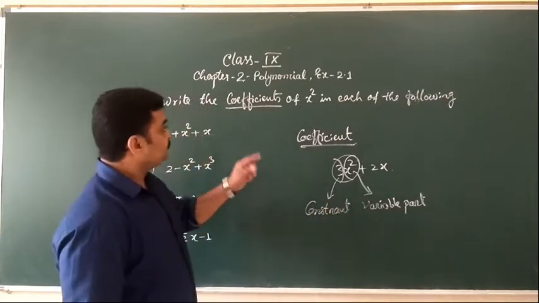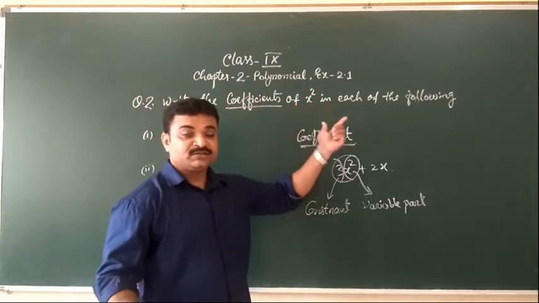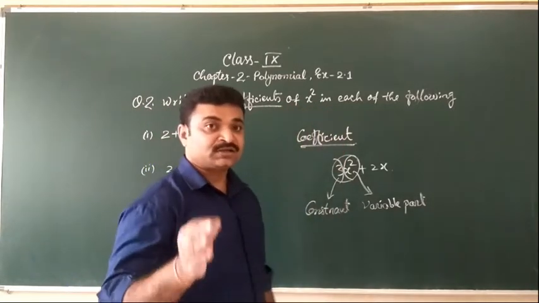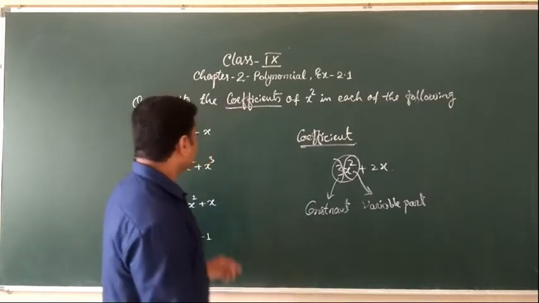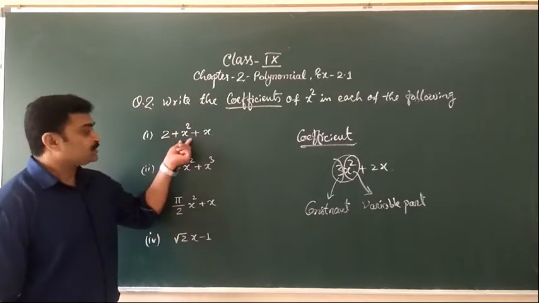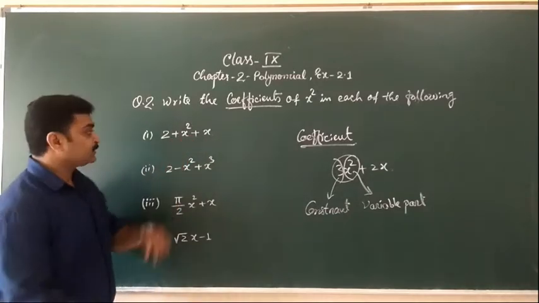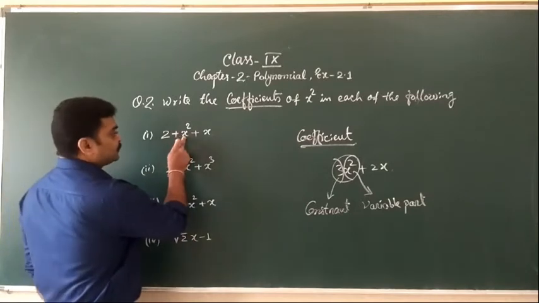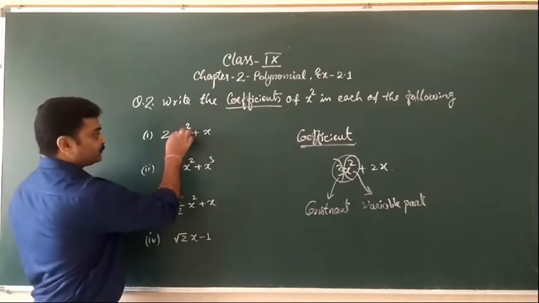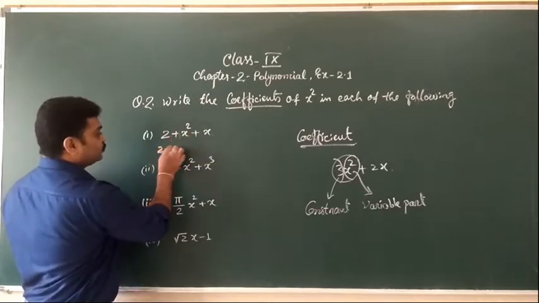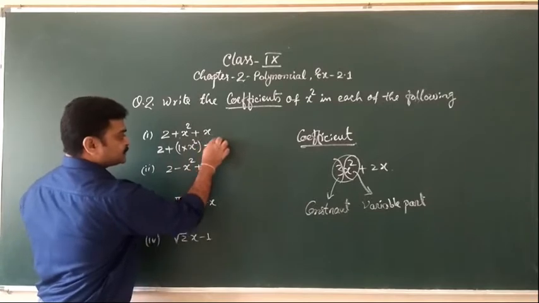We have to find the coefficient of x square. First of all, we have to see the term which contains x square. So here the middle term contains x square. That means x square is multiplied by 1. We can write 2 plus 1 into x square plus x.